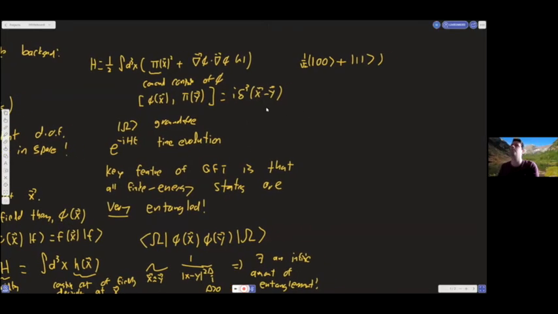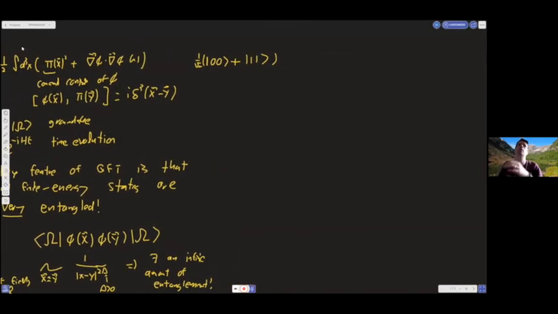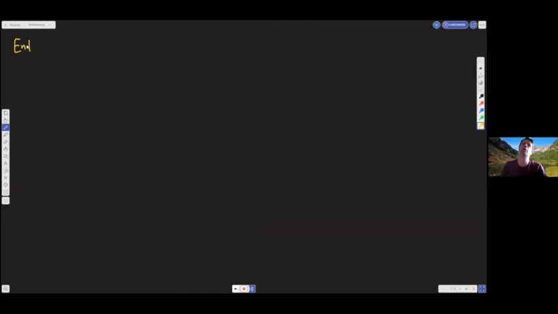So let's talk about entanglement in relativistic QFT.